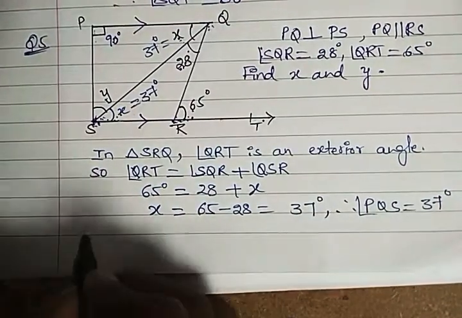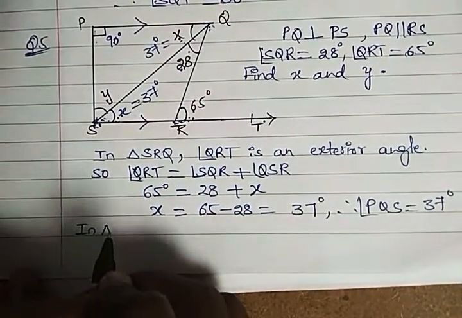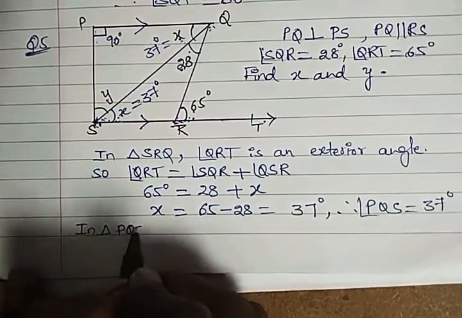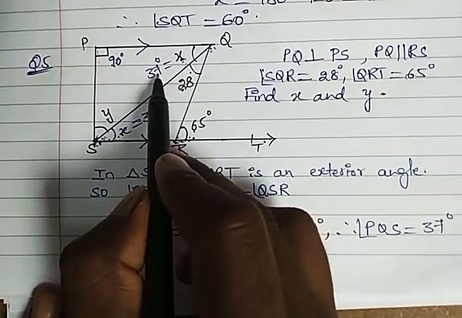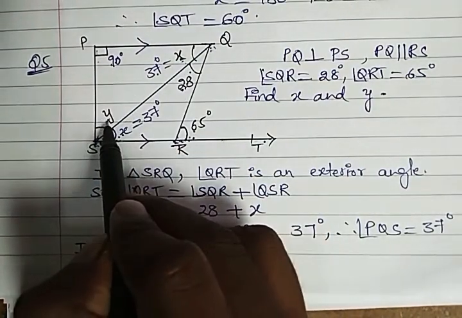That statement you write. Now finally, in triangle PQS, we have angle P as 90 and angle X as 37. This is the only unknown value.